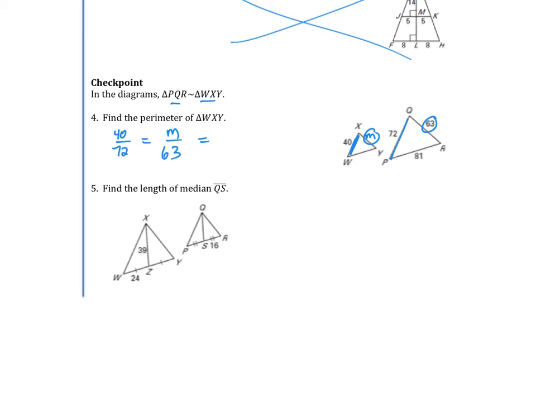And I'm going to call this one, we'll call it N. N matches up with 81. So we're going to do some cross multiplication to find M and N.